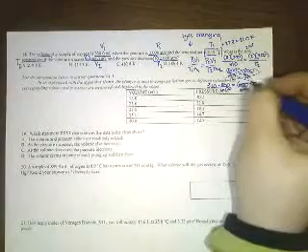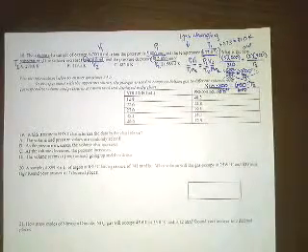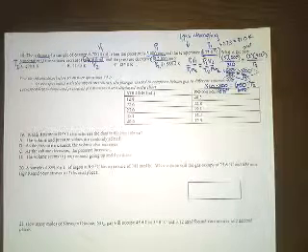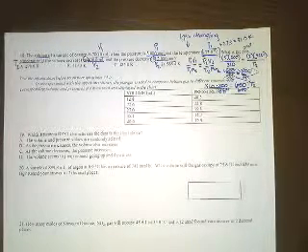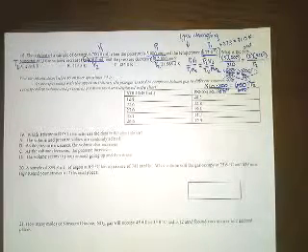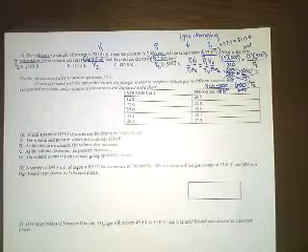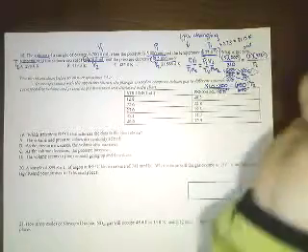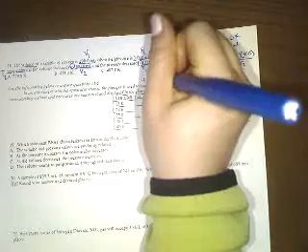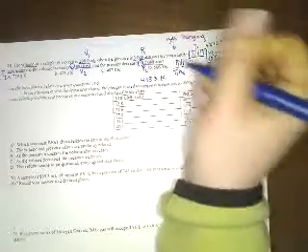So when I do that, the 600 cancels out. T2 is by itself. I'm going to use my calculator on my phone. I have 310 times 800 divided by 600. And that got me 413.3 repeating Kelvin. I look up here. Best answer is B.